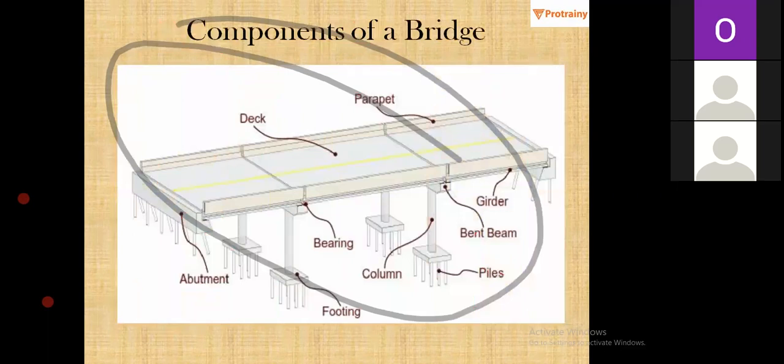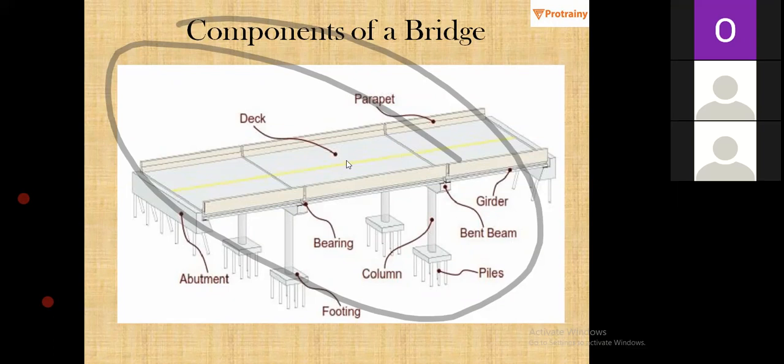Now, composition of a bridge. What exactly a bridge is made up of when it comes to its engineering, when it comes to its design. So first of all, what we came in contact with is the deck, on which human or animal or motor transport is going to move.